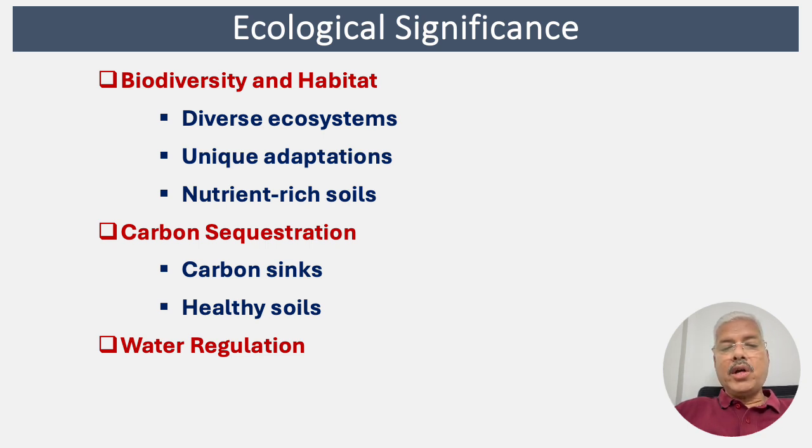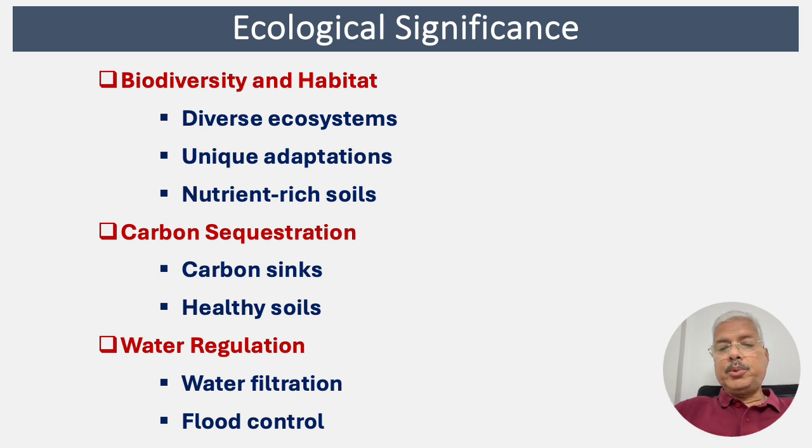Healthy grassland soils are better at sequestering carbon than degraded soils, emphasizing the importance of grassland conservation. The grasslands act as nature's filters, helping to purify water and prevent soil erosion. Grasslands can absorb excess water during heavy rainfall, reducing the risk of flooding.